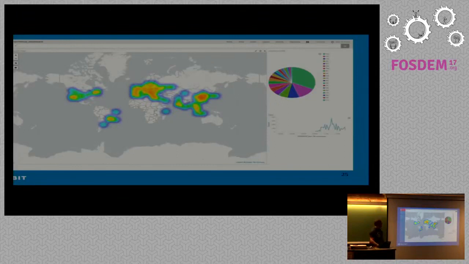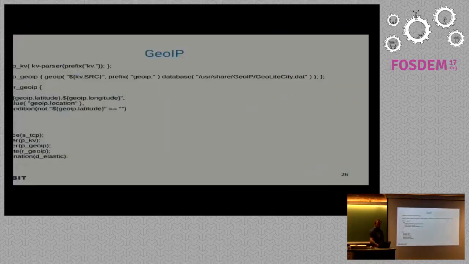And here is a nice dashboard from Elasticsearch. It's a world map where the log source was iptables, and the attack sources are visualized on screen. Here is the configuration how you can do this.